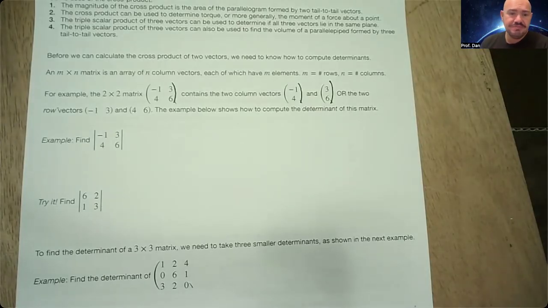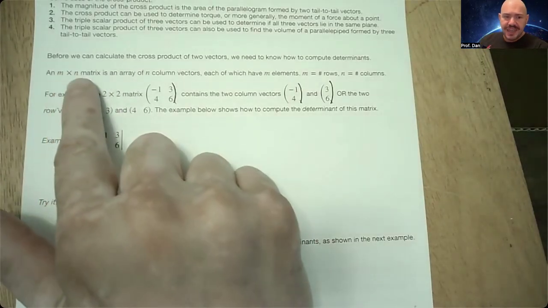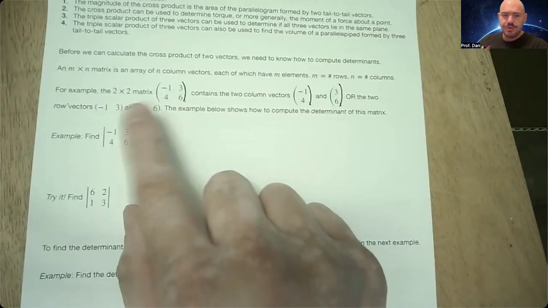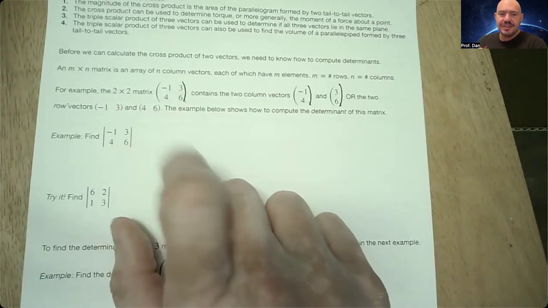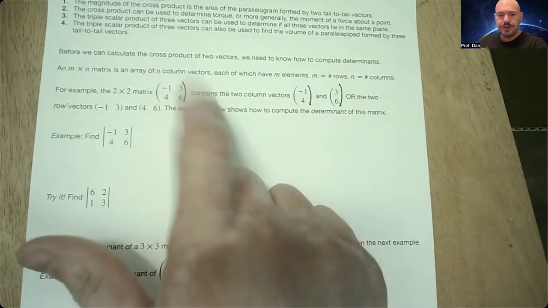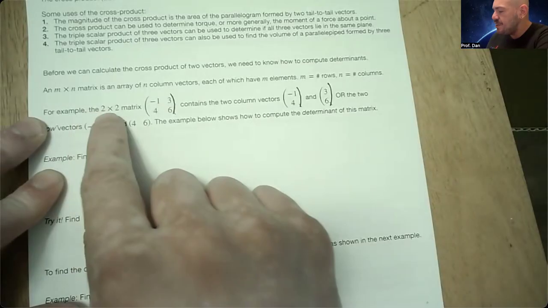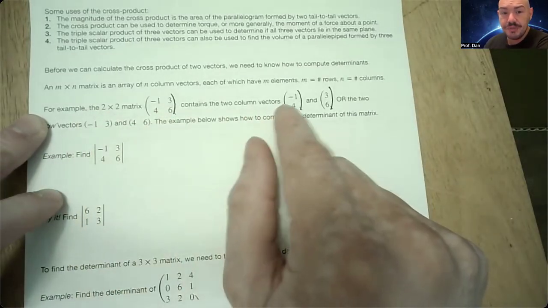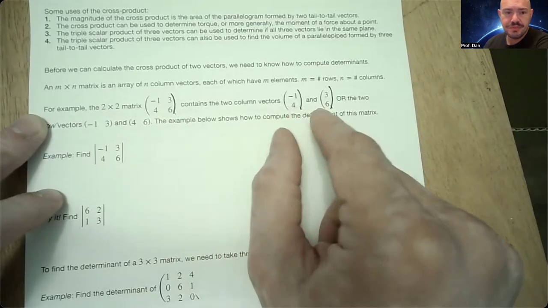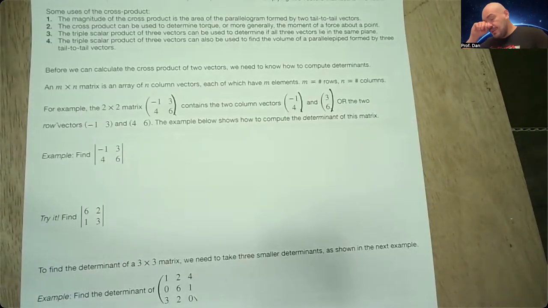When we talk about the dimensions of a matrix, m by n, m tells you how many rows there are and n tells you how many columns. If I have this 2 by 2 matrix, I can interpret it as a collection of two column vectors or two row vectors.